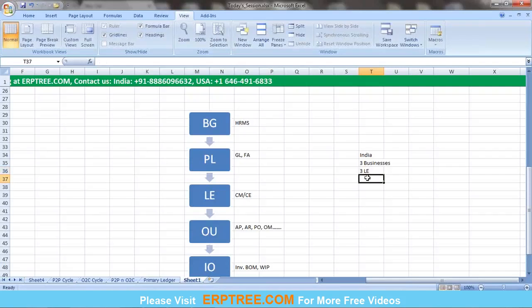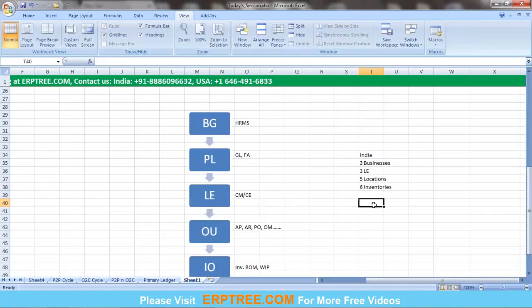Say they are running the business in five locations, and they have six inventories, warehouses. Okay, the client is running the business in India.